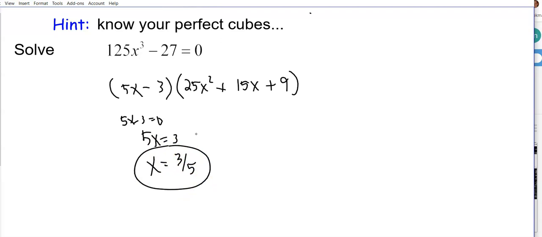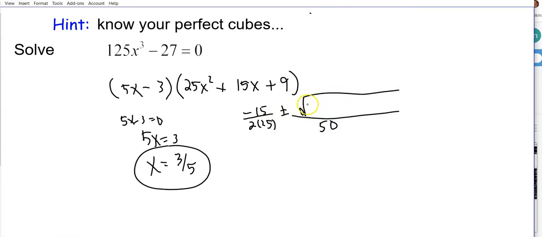Oh boy, that doesn't look like it factors. So I'm going to do the quadratic formula. So this is going to be tough. So negative 15 over 2 times a, or 2 times 25, that's 50, plus or minus the square root of 15 squared, which is 225, minus 4 times 25 times 9. Do that off to the side. 4 times 25 is 100. 100 times 9 is 900. So 225 minus 900.